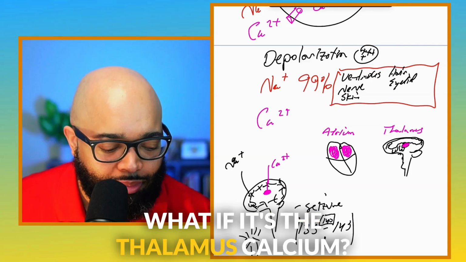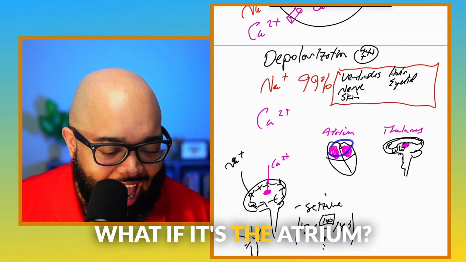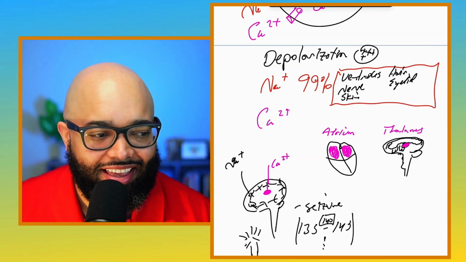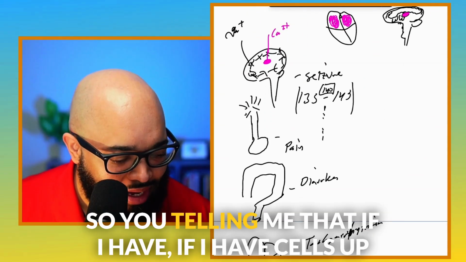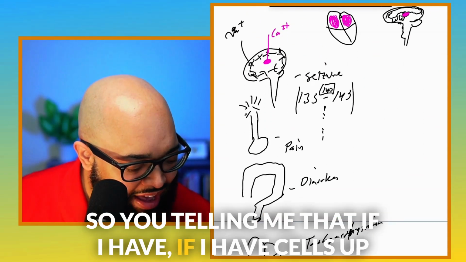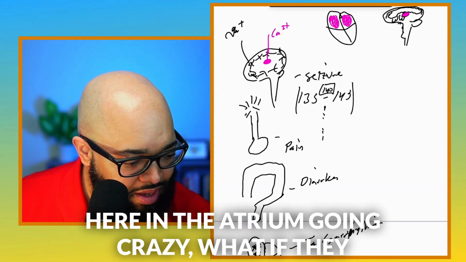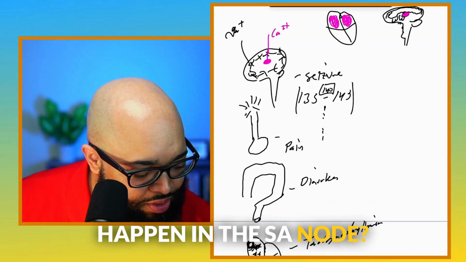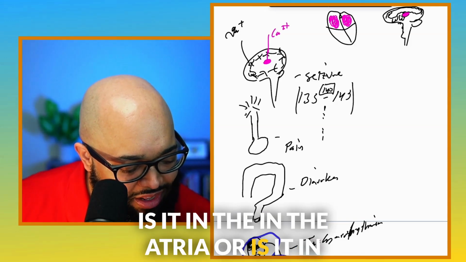What if it's the thalamus? Calcium. What if it's the atrium? Okay, watch this. So you're telling me that if I have cells up here in the atrium going crazy, what if they happen in the SA node? Where's the SA node located? Is it in the atria or is it in the ventricles?